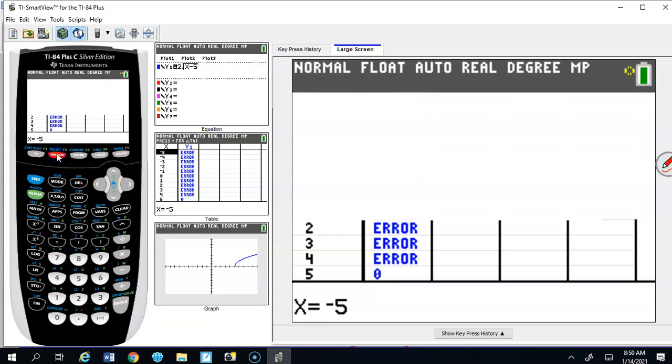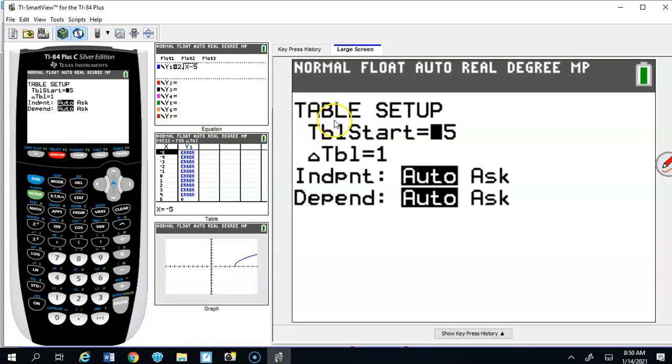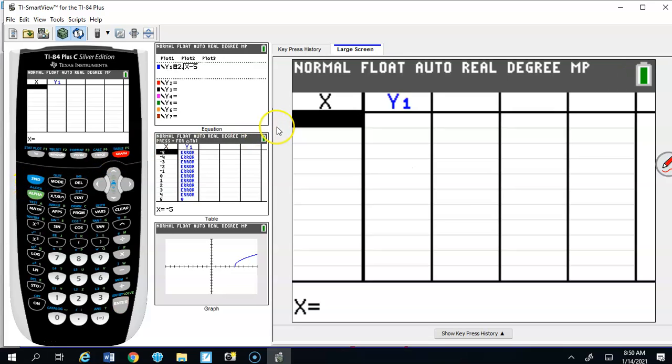So I'm going to go second table set. I want to be able to put some values in here for my x's, so I'm going to go down here and change this to ask, and I'm going to push enter. Okay, so now when I go to the table function, it's going to let me put in the values I want. So if you recall the numbers that we talked about, we put in 5.